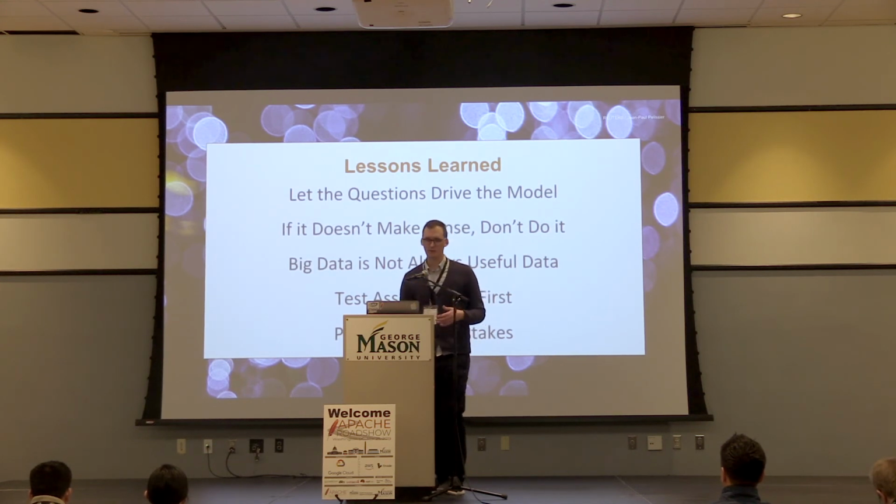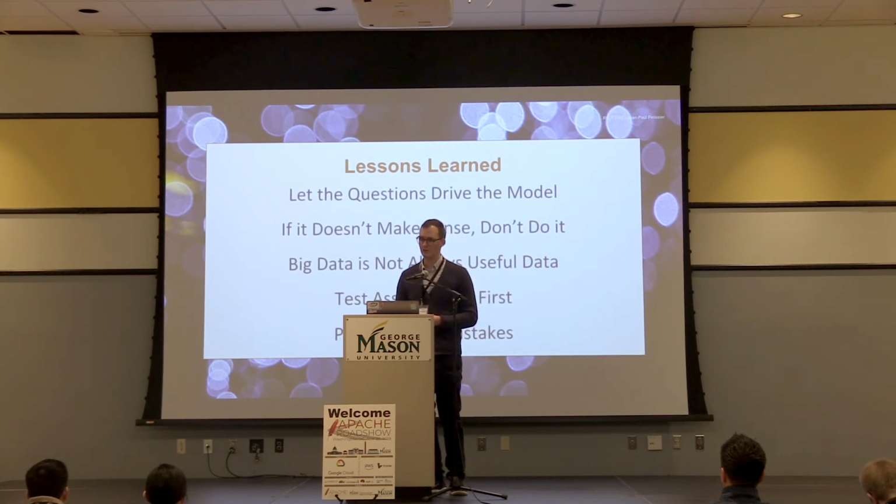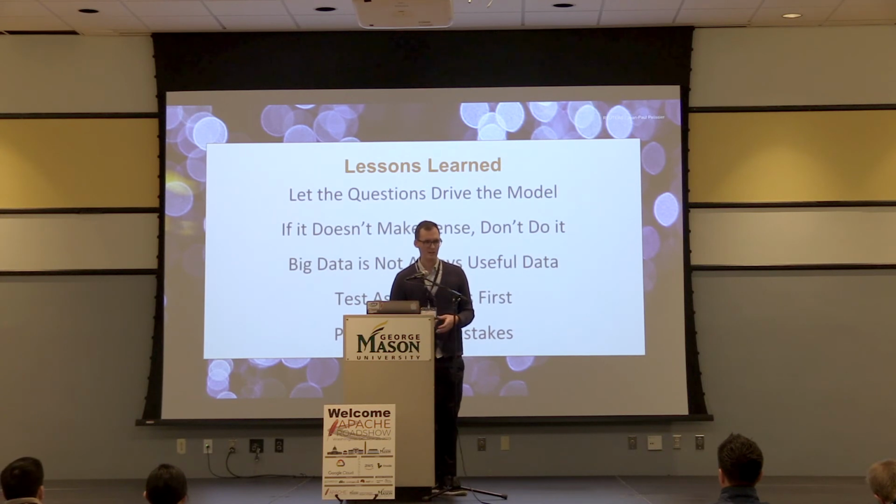So basically, lessons learned from all of these things, right? This whole exercise has helped me learn a number of things about how we work with data from disparate data sources, especially when we want to put it in a graph. The key takeaway is really let the questions drive the model. Work with people that are going to be using the data, understand the kinds of questions they ask, have them write them out on paper, and help model that in your backend so that it can be useful for the front-end users.